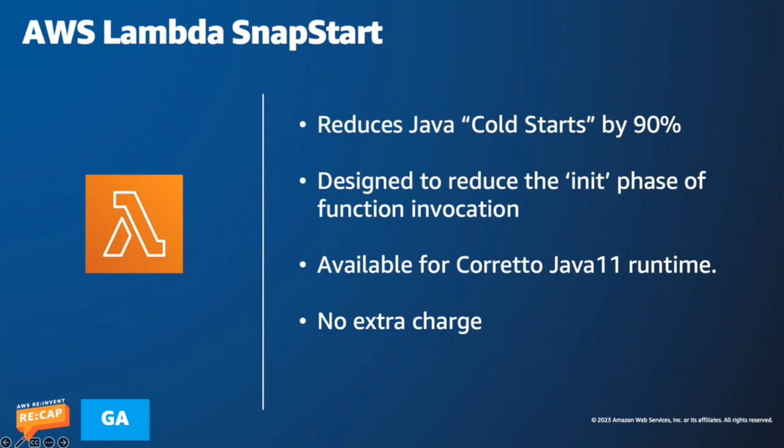So the bottom line is that this functionality is aiming to reduce the init phase of the function invocation. Just as a reminder, we basically have three phases, right? In many cases, the execution of Lambda functions takes milliseconds to begin. But sometimes the init phase can take longer due to a number of reasons.